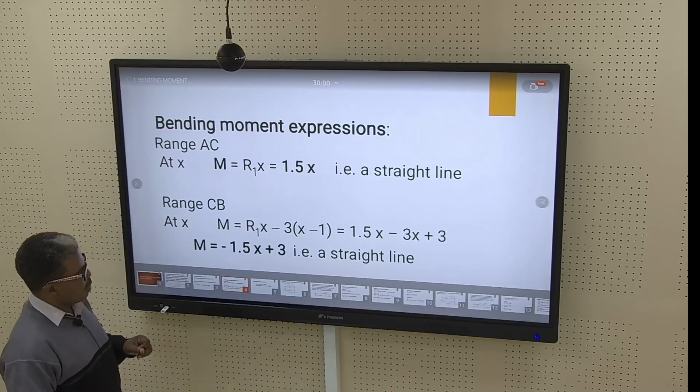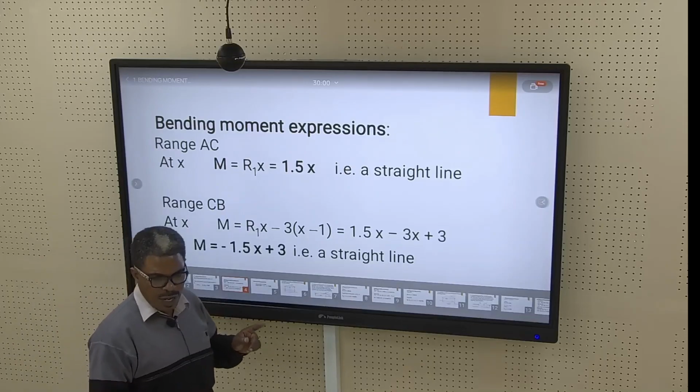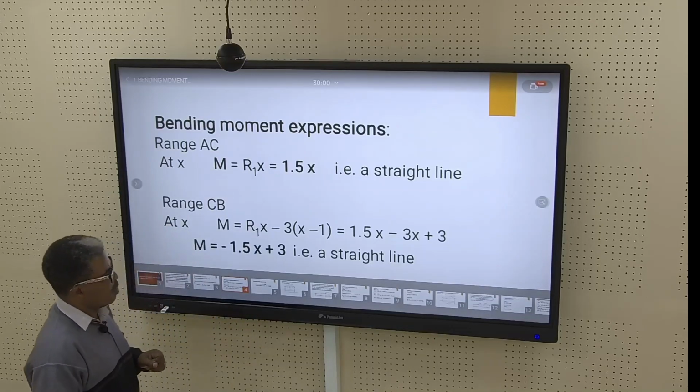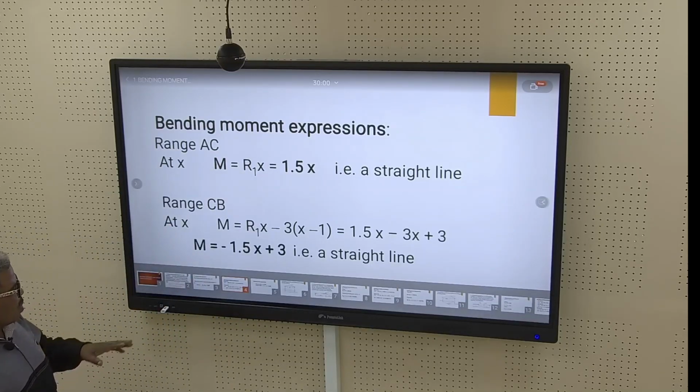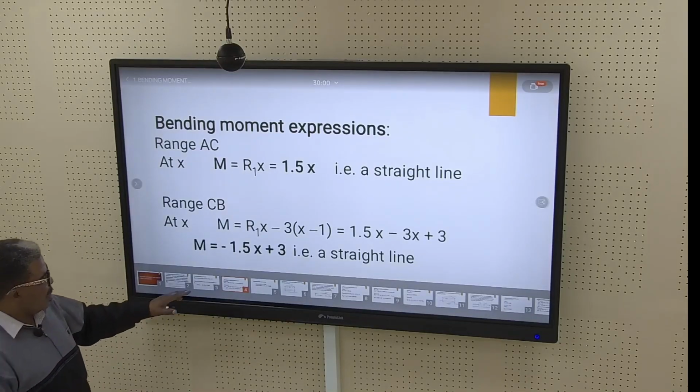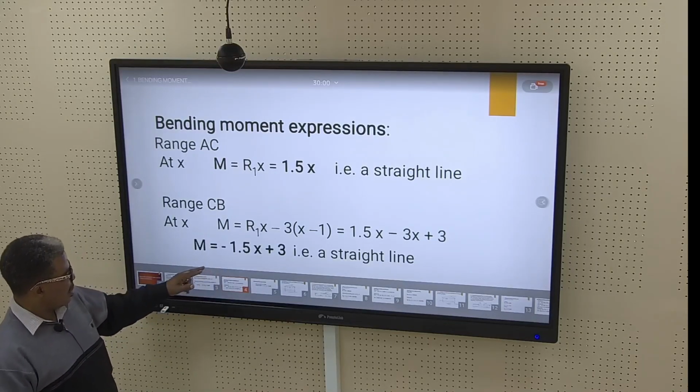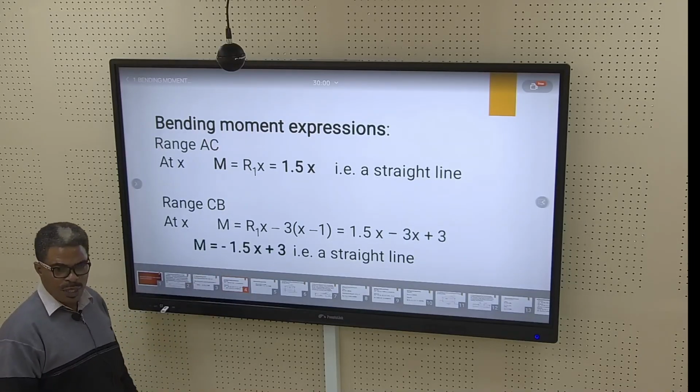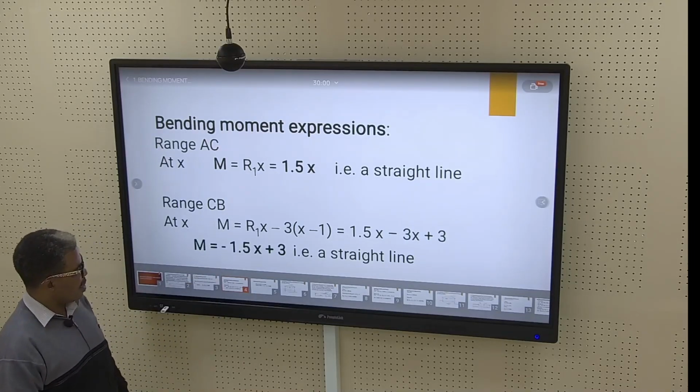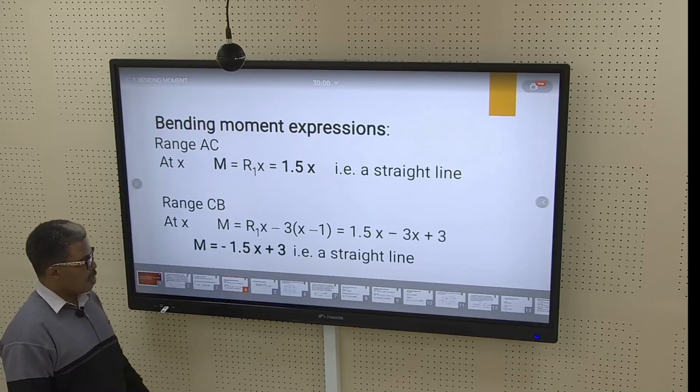So the expression becomes 1.5x minus 3x plus 3. Putting the like terms together gives the expression minus 1.5x plus 3, which also gives a straight line.